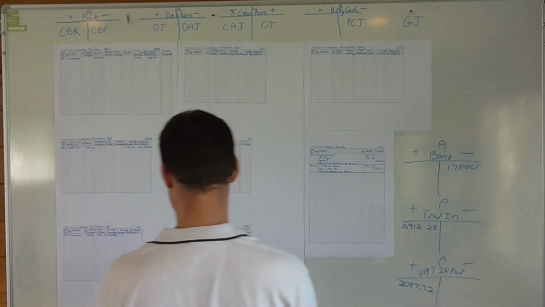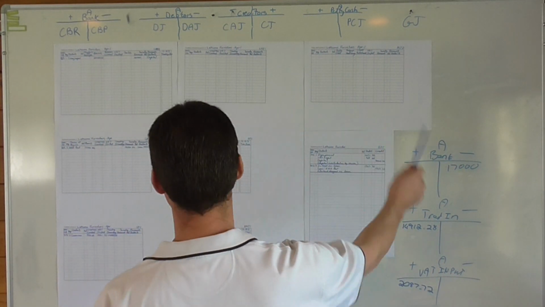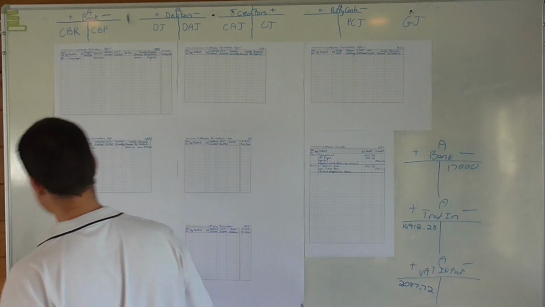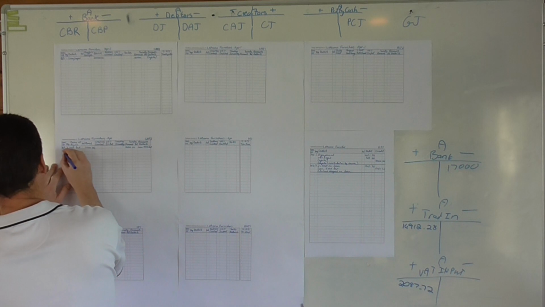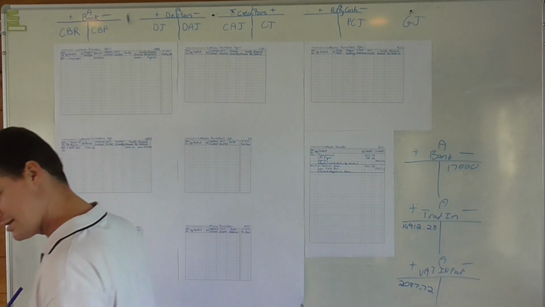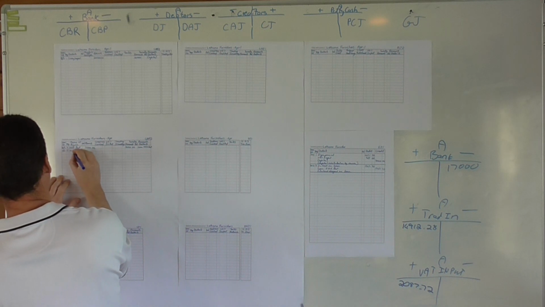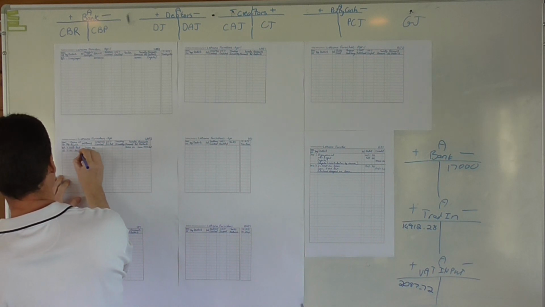Now once again we look at which journal this will be. Your bank is decreasing, so that'll be your cash book payments. So document number will be number 10. The day is the 5th. We bought from High-Low Traders.